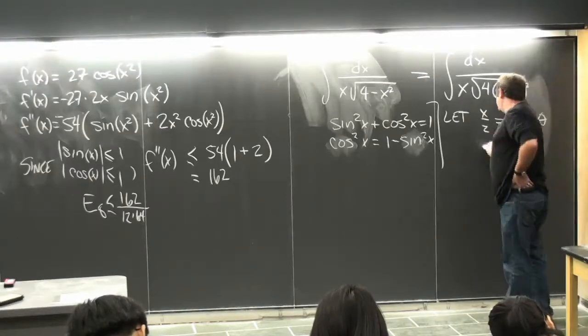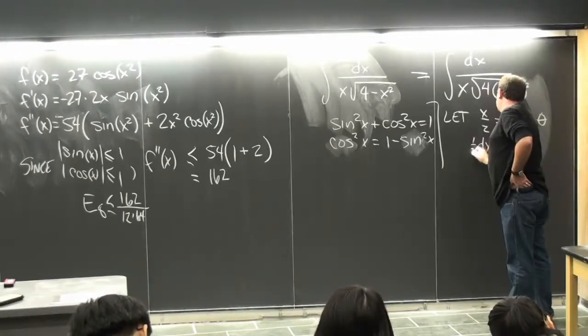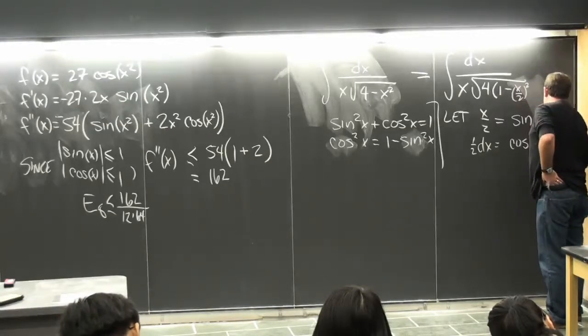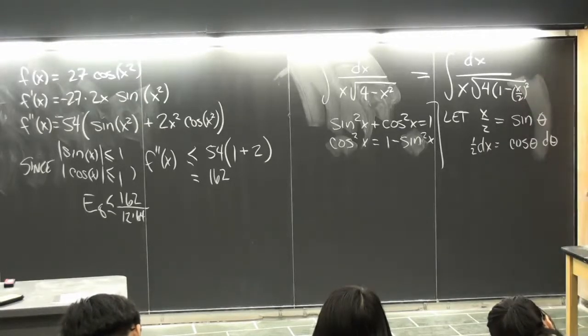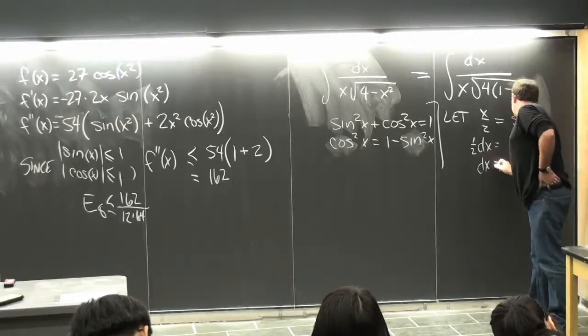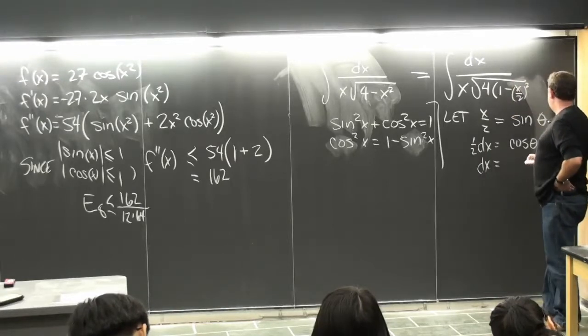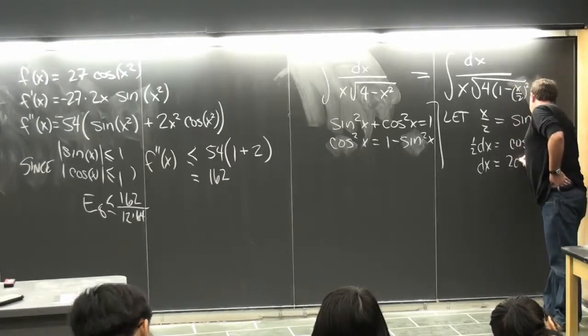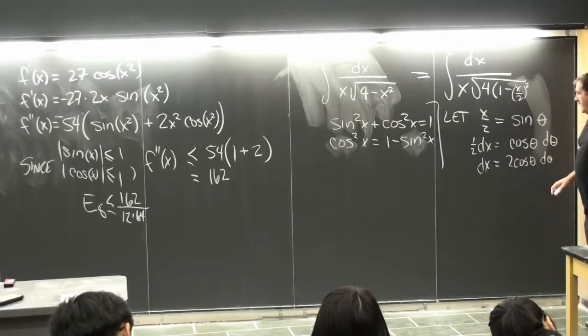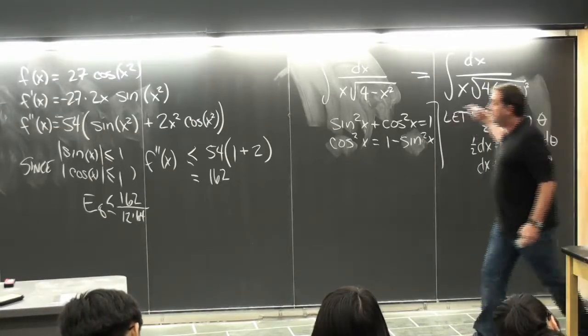And so that means that dx over 2 is a cosine theta d theta, like that. And so dx is, did I make a mistake? No. 2 cosine theta d theta. And I'm running out of board space unless I want to sit on the floor, so I'll come over here.